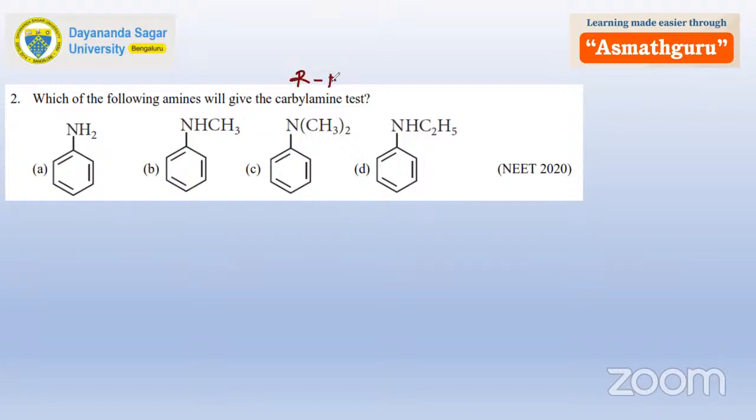Already I told you, formation of isocyanide. I told you, it is given by only primary amine. What is primary amine? Amine having general formula RNH2. Just you have to find out where the NH2 is present. So only option A. That will give you carbylamine.